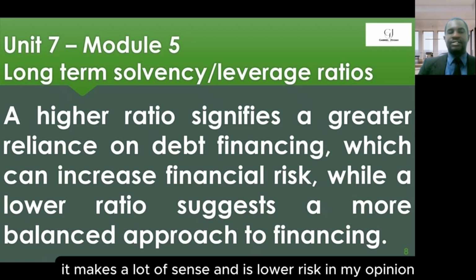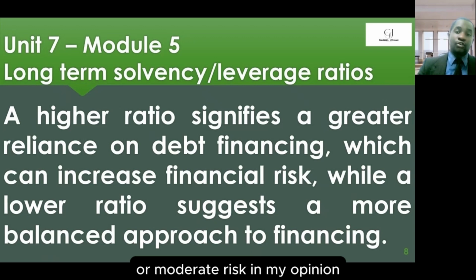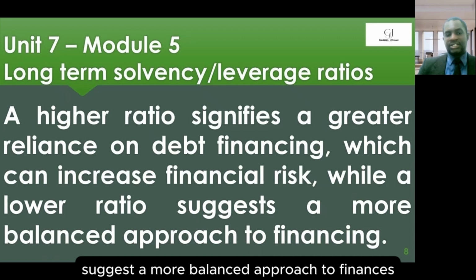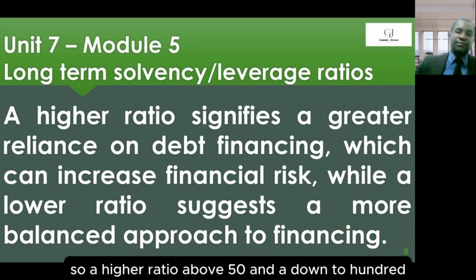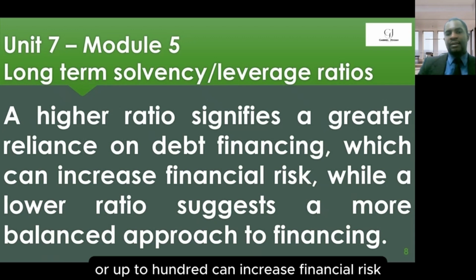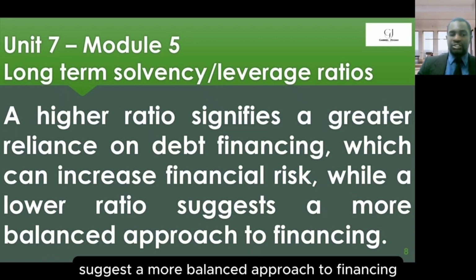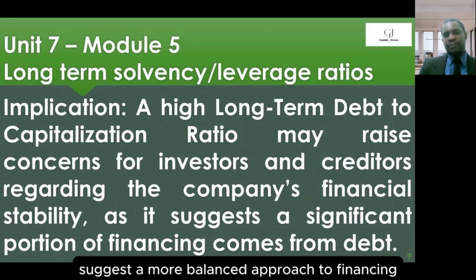And it's lower risk, in my opinion, or moderate risk, while the lower ones suggest a more balanced approach to financing. So a higher ratio above 50 and up to 100 can increase financial risk, while a lower, moderate ratio from 50 down to 45 to 20 suggests a more balanced approach to finance.